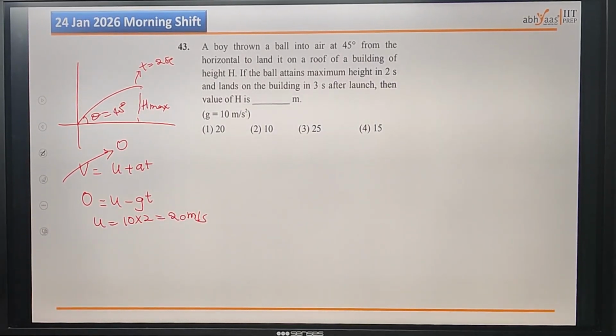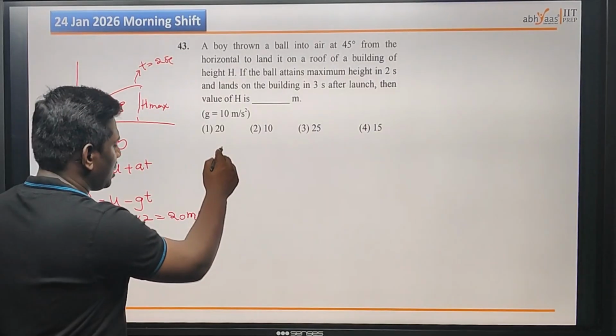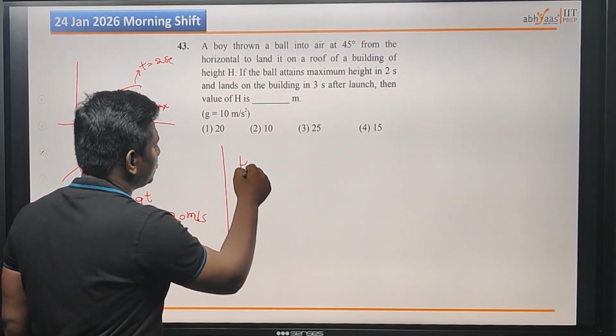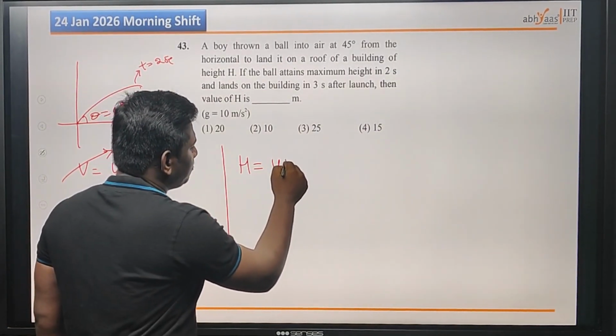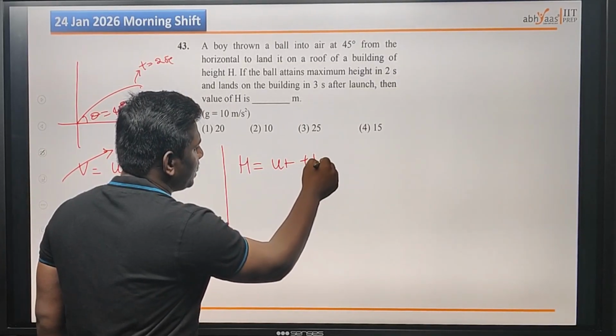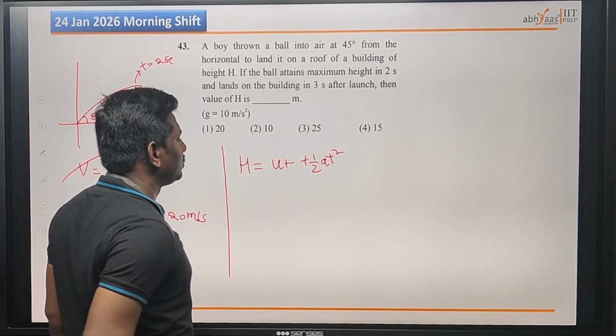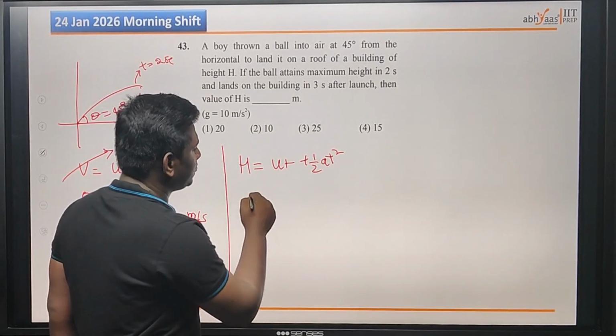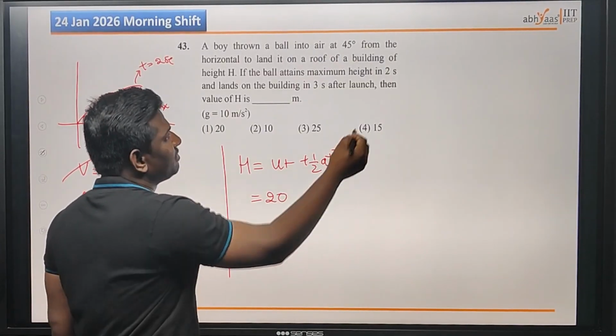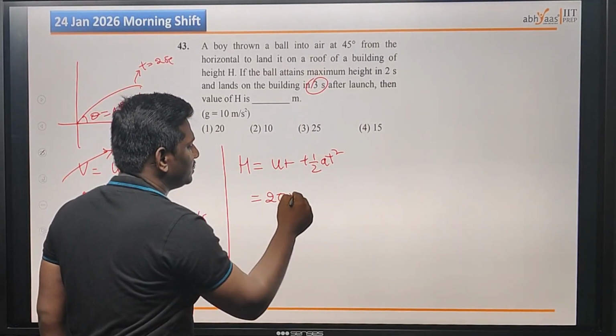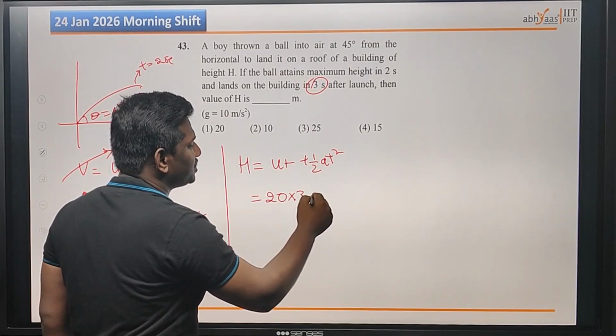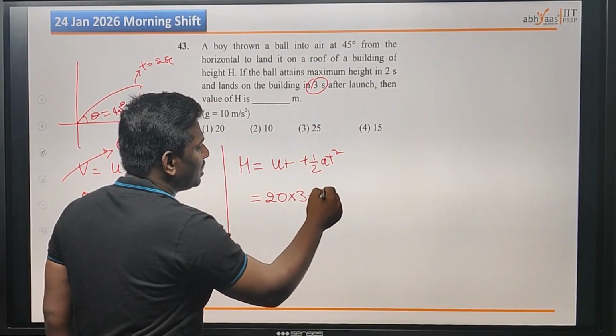What do you have to find? You have to find the height. So height h can be written as ut plus half at square. What is the value of u? u can be written as 20. How much time? After 3 seconds, that is 3. What is acceleration due to gravity? Minus g.